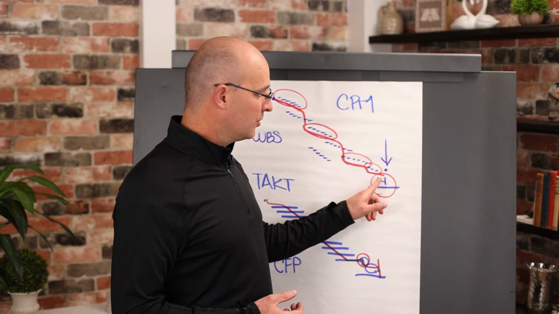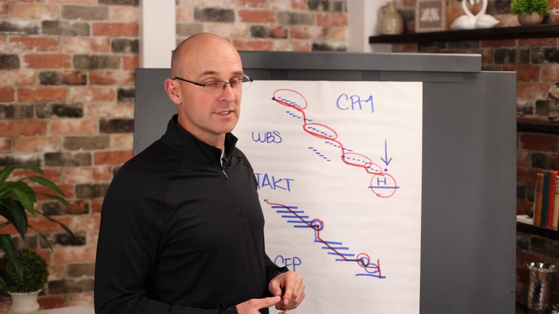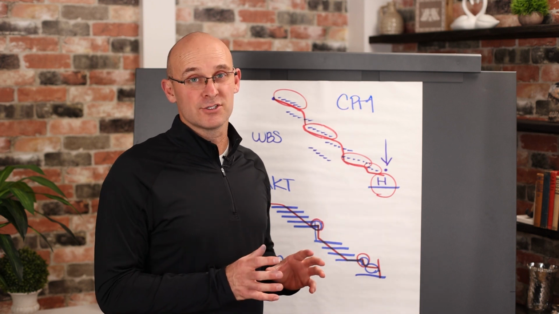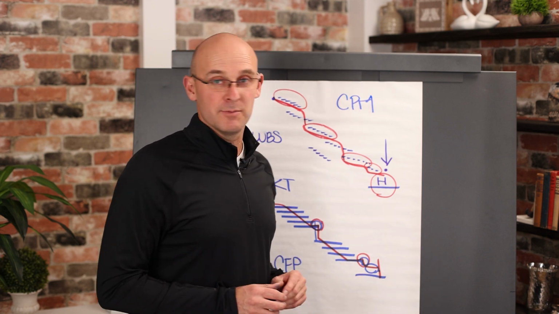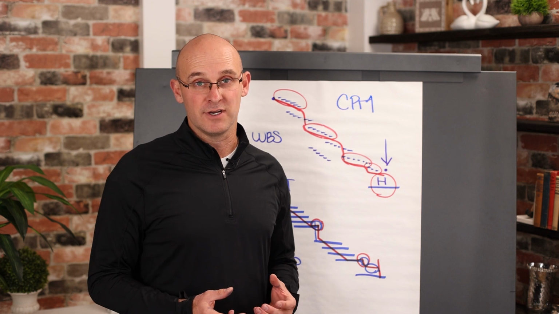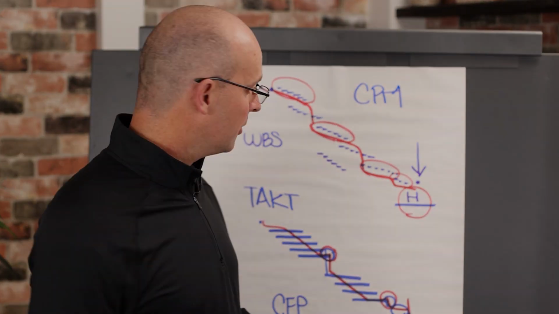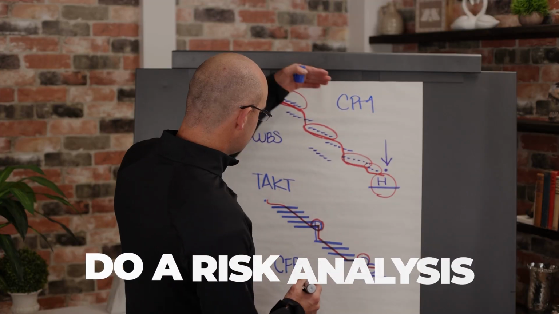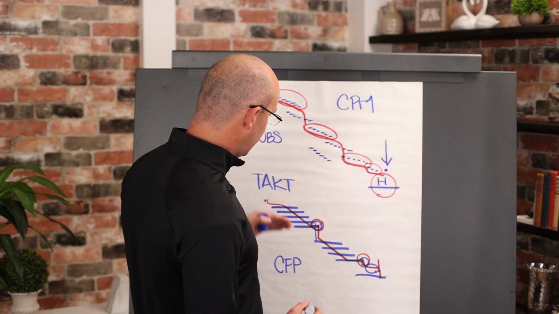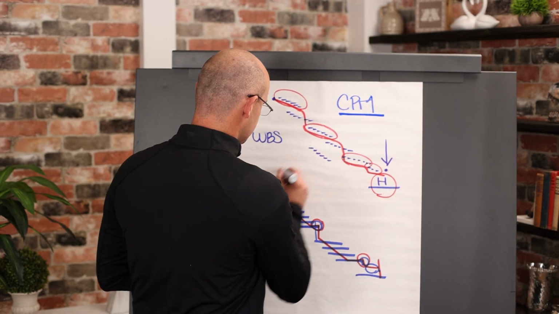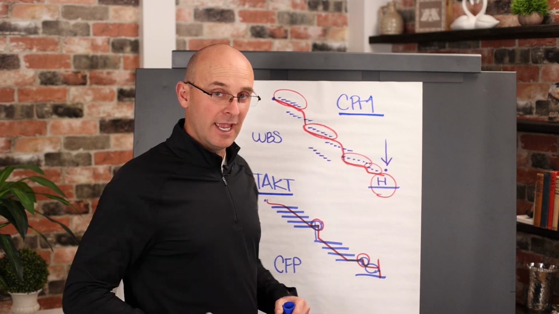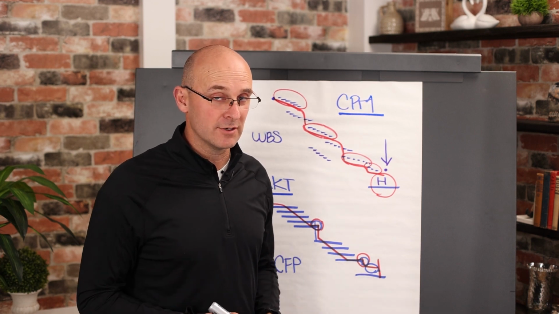And if you really want to talk to your owner and say, hey, this project needs a certain amount of float or a certain amount of buffers in order to absorb that variation, now, I'll cover this quickly. You'll want to do a risk analysis. That means whatever format you have, and I will say that I always prefer a takt format, and I'll show you why in some of the videos that we'll link you to.